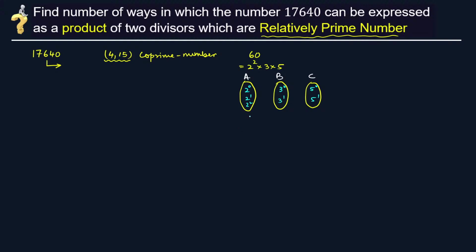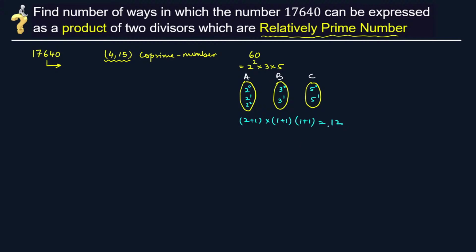If the question would have been to express 60 as a product of two divisors, we can easily do that. We will find the total number of divisors or factors. That is easy to find. From here you will simply say (2 plus 1) into (1 plus 1) into (1 plus 1). That gives us 12, right? So 12 divisors are there and it is not a perfect square.